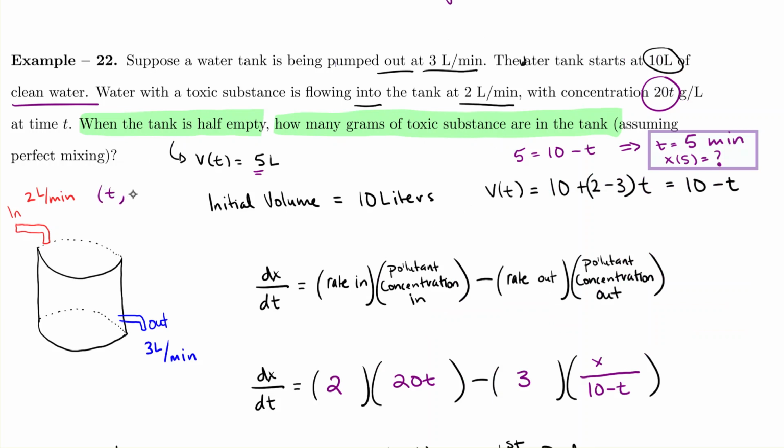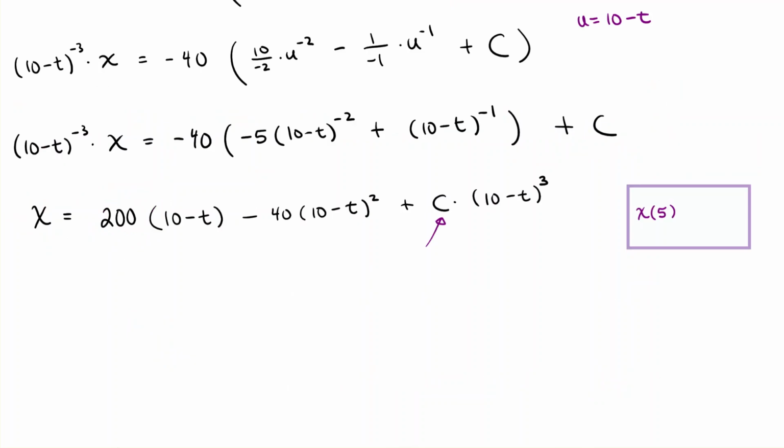That means for our amount at time 0, before we started adding in the pollutant, the amount was 0. So let's use this to figure out what our constant of integration c should be to make this initial value work. So we know (0, 0) is our initial value. The amount is 0 when time is 0.